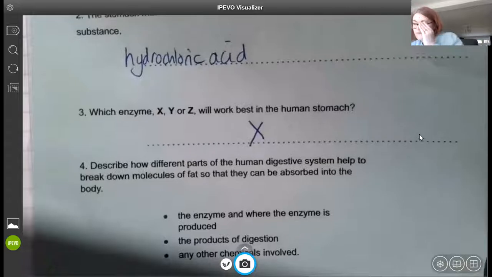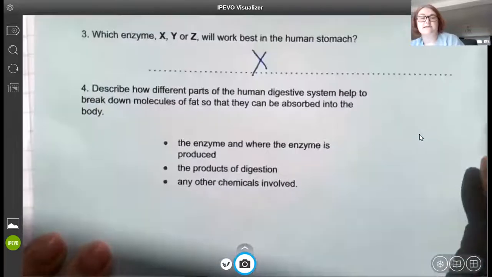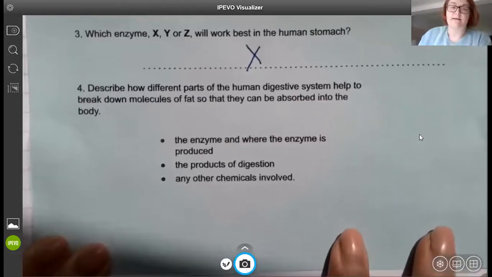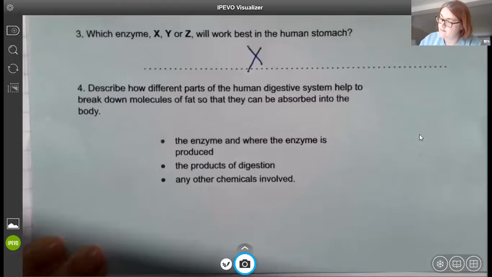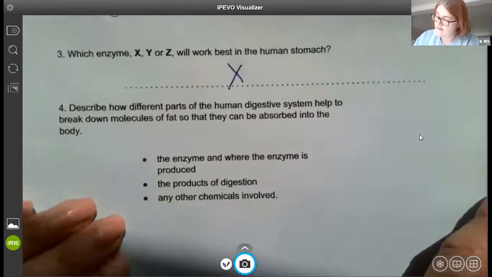And then question 4 requires you to think a little bit. It says, describe how different parts of the digestive system help to break down molecules of fat so that they can be absorbed into the body. So we need to be having a think here about these different things.